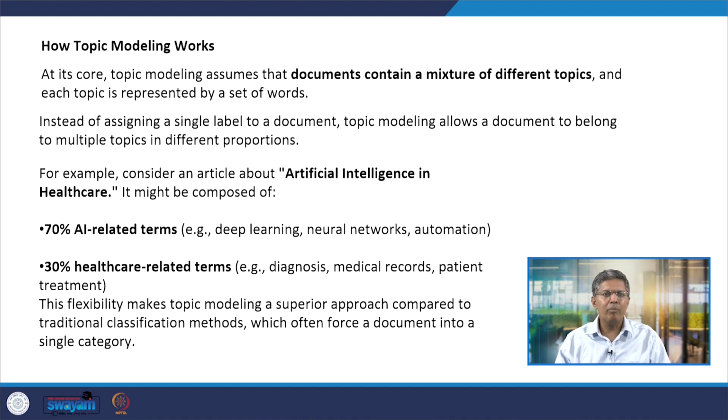It might be composed of 70% AI related terms like deep learning, neural networks, automation, right, and 30%, let us say, healthcare related terms like diagnosis, medical records, patient treatment. This flexibility makes topic modeling a superior approach compared to the traditional classification method, which often forced a document into a single category.